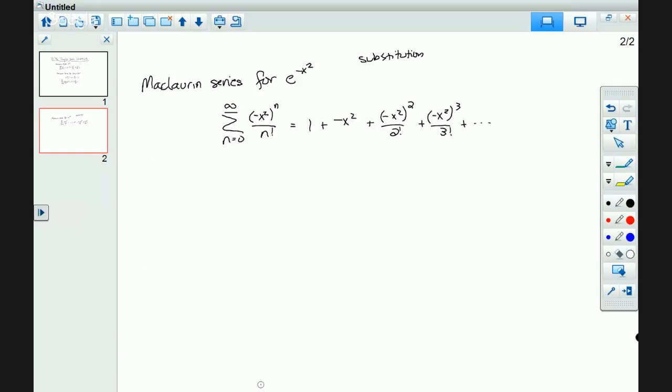You can obviously simplify that, and it does become 1 minus x squared plus x to the 4th over 2 factorial minus x to the 6th. Where the sign changes, it does become an alternating series.